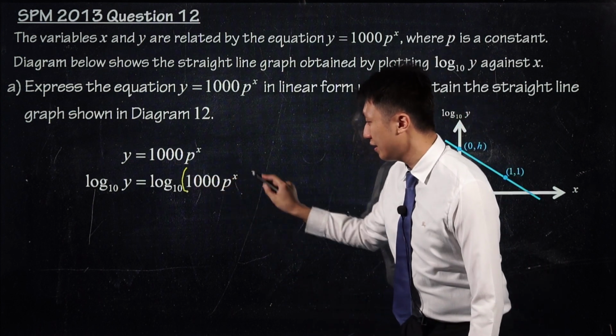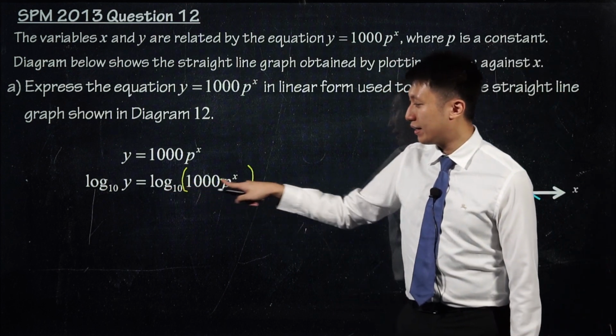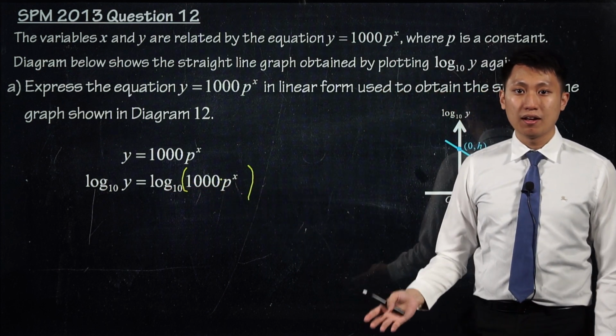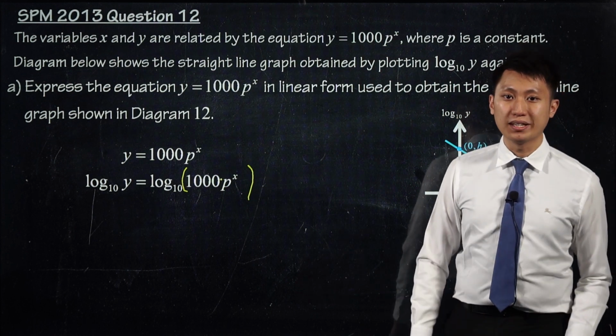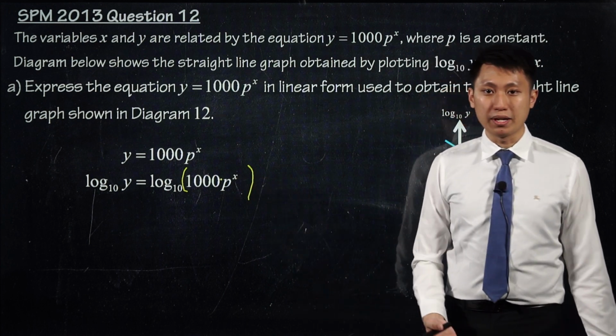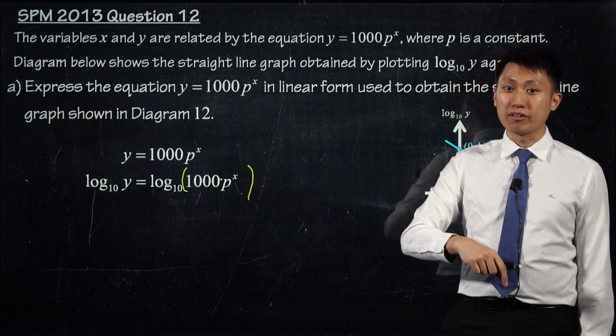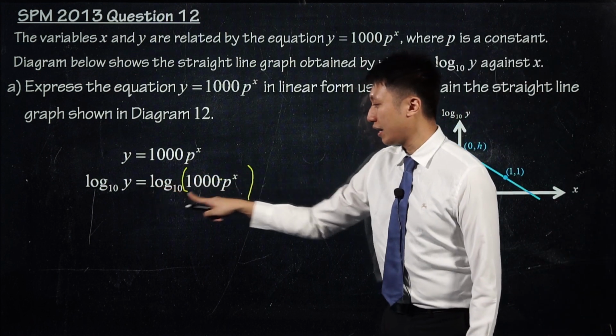I put a bracket here and a dot here to signify that. If you have log a times b, then it will be what? Log a plus log b. And if you have log p^x, what will it be? The x will be brought down in front, so it will be x log 10p.